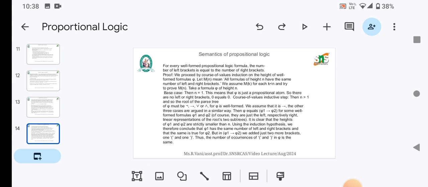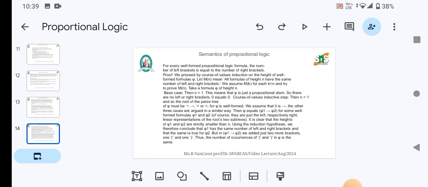In the inductive step, if n is greater than 1, then we look at the parse tree for well-formed formulas such as negation, implies, conjunction, disjunction, and so on. We assume that, in the other three cases, phi 1 implies phi 2 are well-formed formulas which are just the left and right respectively of two subtrees.